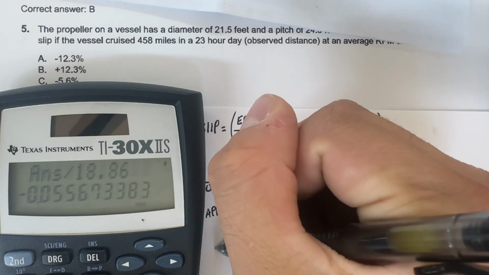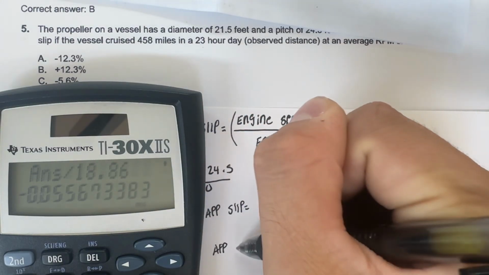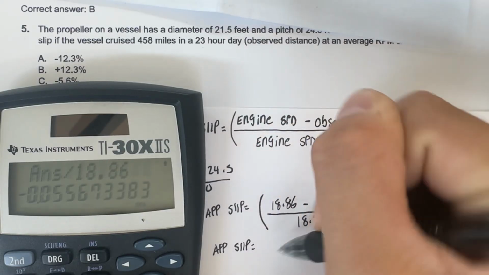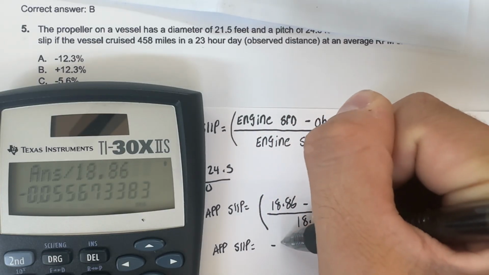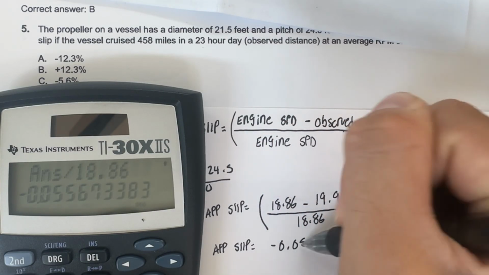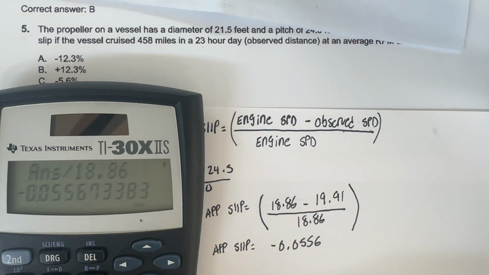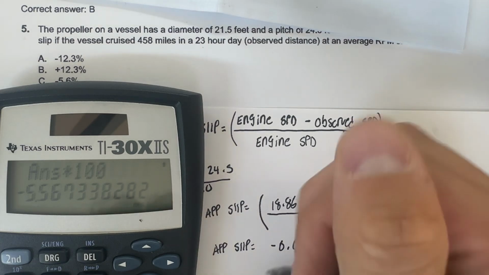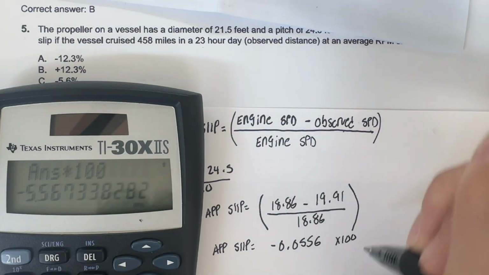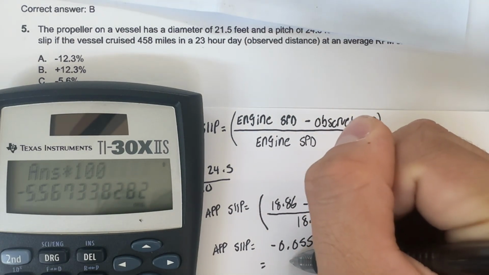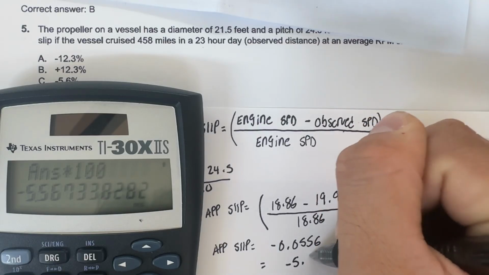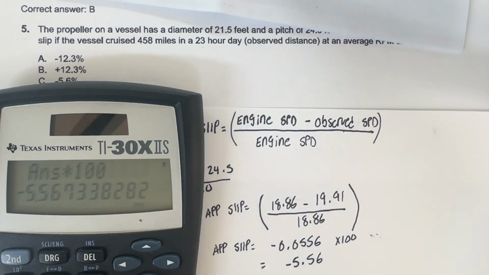So our apparent slip equals negative 0.0556. To turn this into a percent, we'll move the decimal 2 places to the right, or we can multiply this by 100, so times 100 equals negative 5.56.